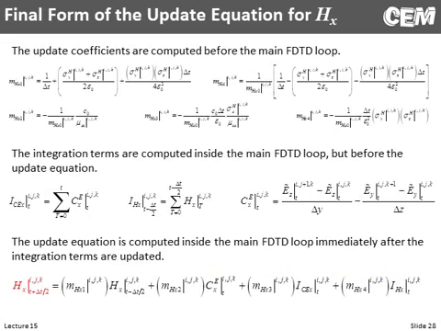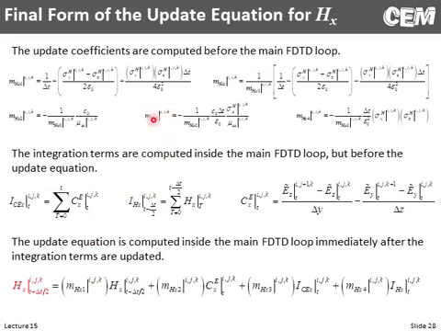Now, we really have a unique update equation for every single point in the grid, because the PML terms can be different, the dielectric constant can be different, the permeability can be different. So in fact, these update coefficients are different throughout the entire grid. So we store these in an array, which is the same size as our fields.